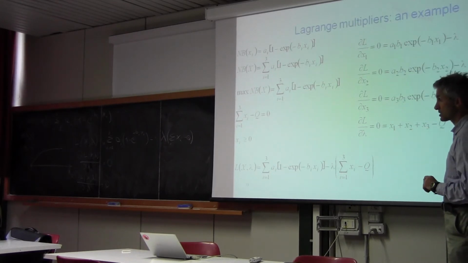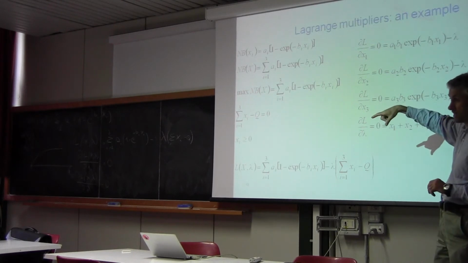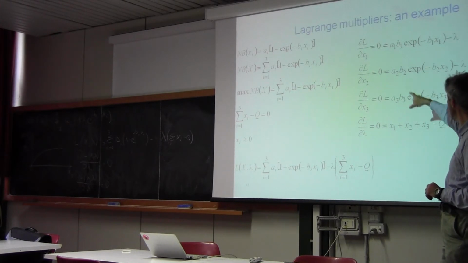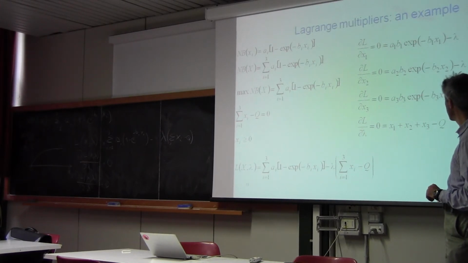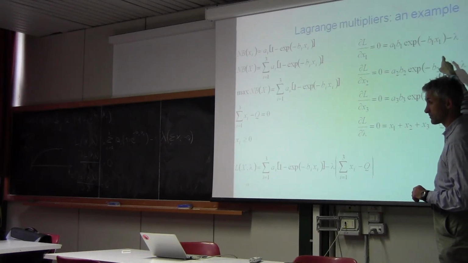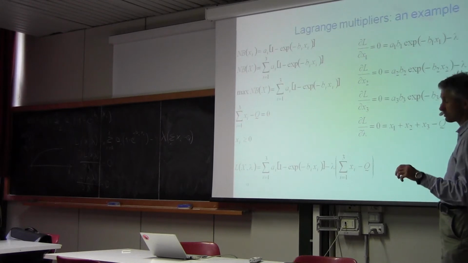Therefore you have to focus on the 3 derivatives with respect to the x_i's, which are easy to compute because, as I said, the function is nice. And from these partial derivatives you can compute the values of the x_i's.